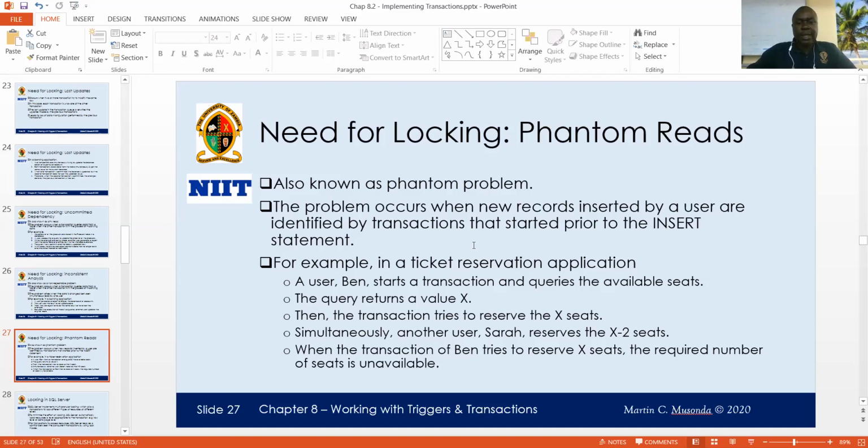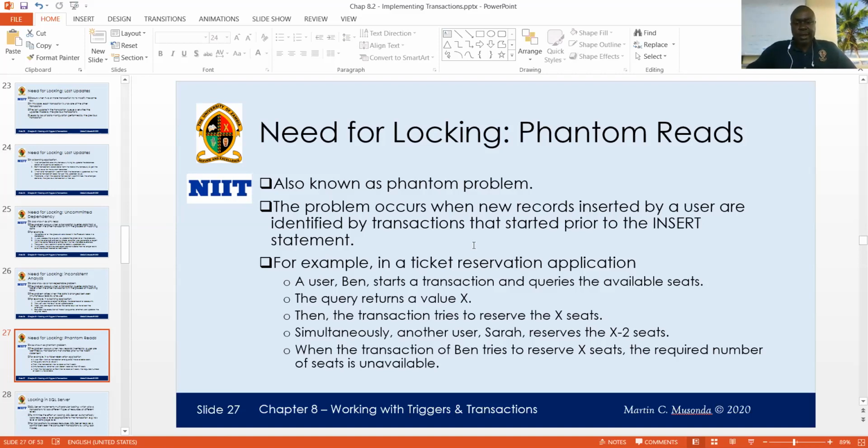Simultaneously, another user, Sarah, reserves X minus 2 seats. So if there were 10, Sarah has reserved 8, and there are only 2 remaining.